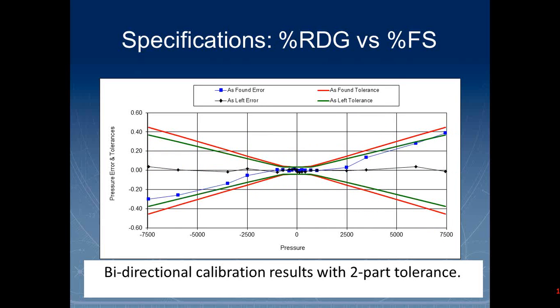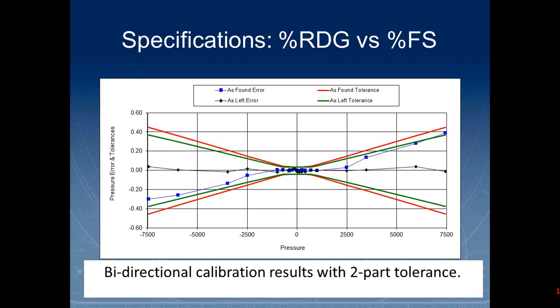Some instruments are bidirectional. They go plus and minus. And this would be an example of one that's plus and minus with the two-part tolerance, percent of reading down to some fraction of full scale, I think 5% in this case. And there are two parts to that funnel, a green one that's the short-term performance and the red that includes a drift allowance.